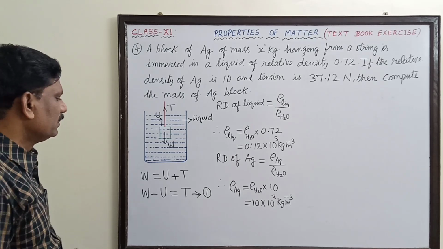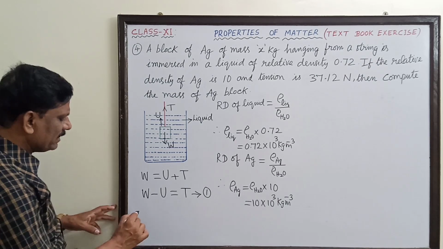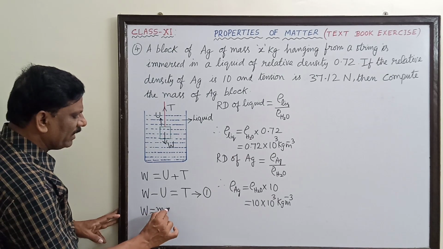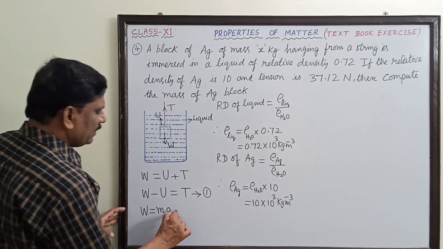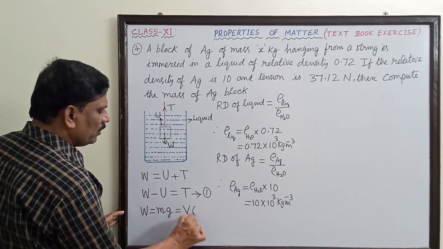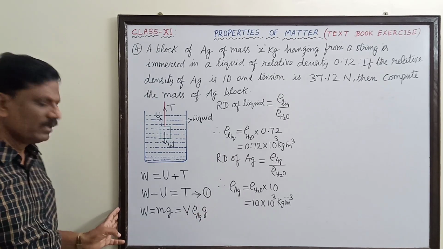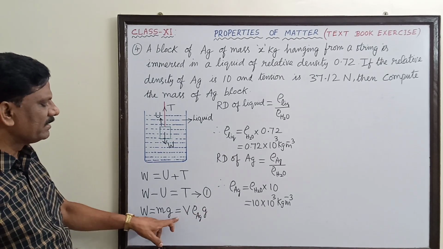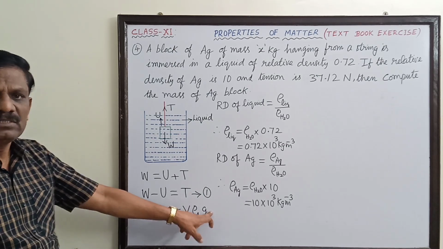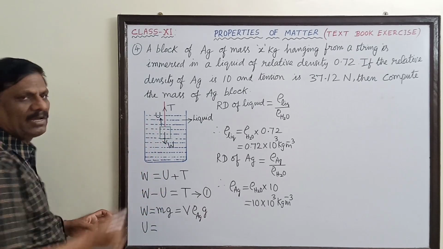Okay. Now first, what is W here? W is the weight. So in this equation, W is equal to the mass of silver into g, and this is equal to the volume occupied by the silver block into density of silver multiplied by g. So W is equal to m g, that is equal to volume V into density of silver into g, and therefore upthrust, what is the expression for upthrust?